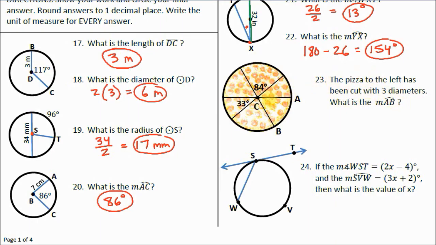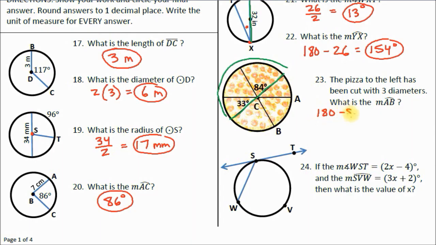What is the measure of arc AB? Well, first of all, let's note that this right here is a diameter, and that means all these arcs are going to add up to 180, which means all these angles are going to add up to 180. So I can find the measure of this angle right here by subtracting the 2 known angles from 180.